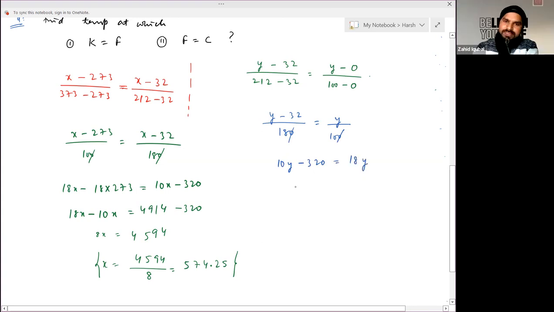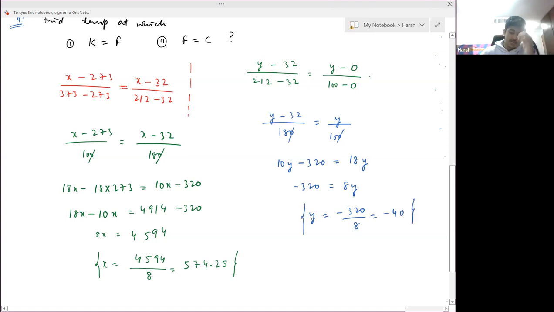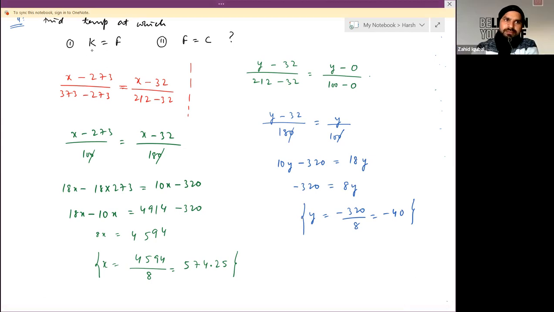Move this 10y to the right side. So minus 320 equals 8y. 18 minus 10, 8y. So y equals minus 320 divided by 8. That will be minus 40. So this is how to calculate this particular temperature.